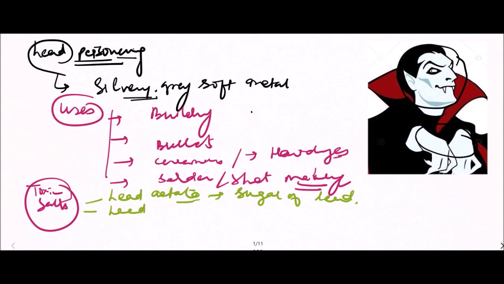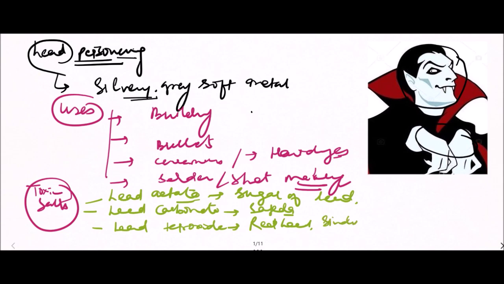And lead carbonate, also known as safeda. Then lead tetroxide, which is the red lead or sindoor, or vermilion.